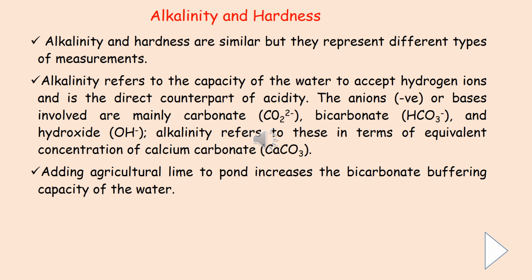Alkalinity and hardness are similar, but they represent different types of measurement. Alkalinity refers to the capacity of the water to accept hydrogen ions and is the direct counterpart of acidity.